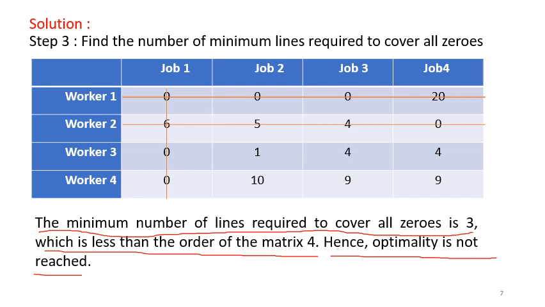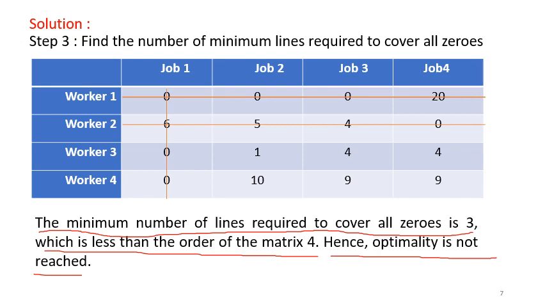You have to keep on modifying the table till you reach a stage where it is not possible to cover all zeros by anything less than the order of the matrix.